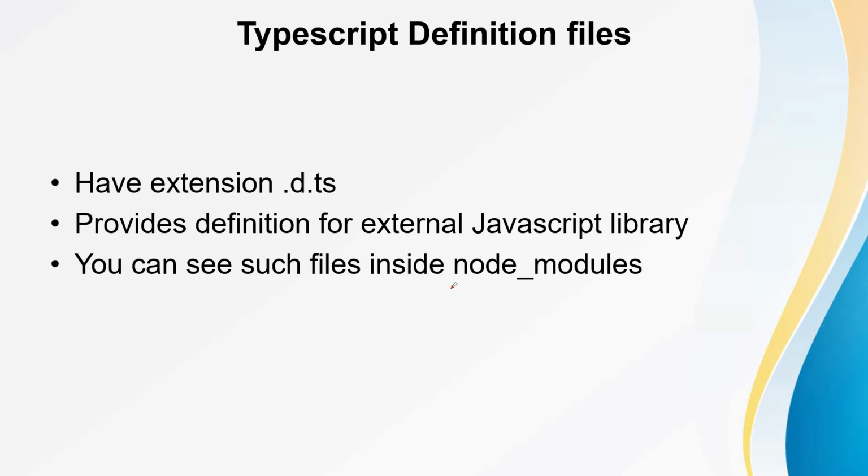So node modules contain the external sources for all those TypeScript files which are used. It provides definitions for external JavaScript libraries. Whatever external JavaScript libraries we use, whatever functions are there, their declarations and definitions are given in the .d.ts files. And if you want to export any of your functions, if you want to write your own library, you can write it like this, with the .d.ts file extension.